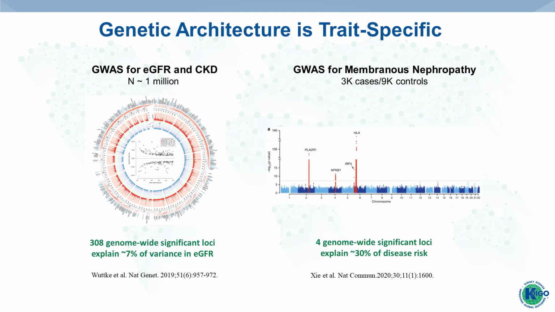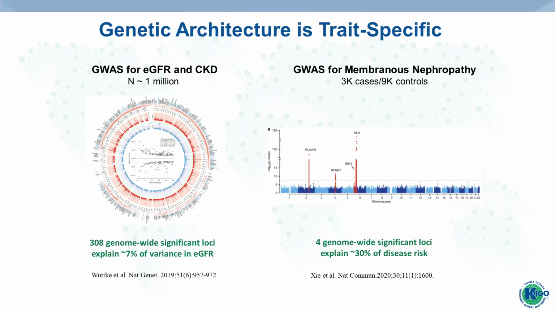One other comment I want to make about the genetic architecture of complex traits in humans is that it is very much trait specific and phenotype specific. Just to make this point, for kidney-related traits on the left-hand side, I show the Manhattan plot from a GWAS for estimated glomerular filtration rate and CKD.